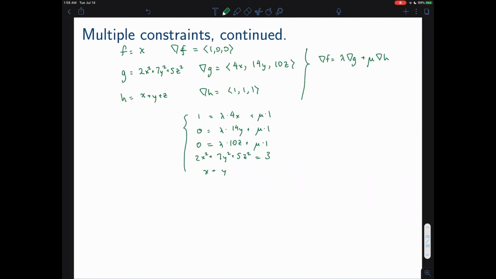And then x plus y plus z, I believe this one was set to be 0. So that's our system of equations. It has 5 equations. It has 5 unknowns: x, y, z, lambda, and mu. So to the extent that we want to set up the system of equations, there it is.